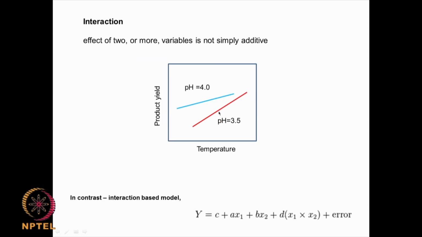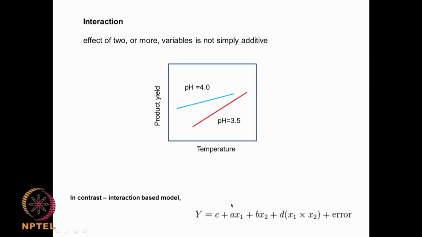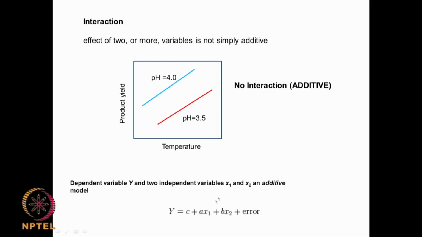So, obviously, there is an interaction between pH and temperature. Or you may have a situation like this: at pH 3.5 it is going up like this, at pH 4 when you change temperature it is going up very high. So, obviously, there is an interaction, and you may have to develop a model like this for interacting situations like this or this, whereas if you look at this, it can be an additive model, there will not be terms like x1 x2.